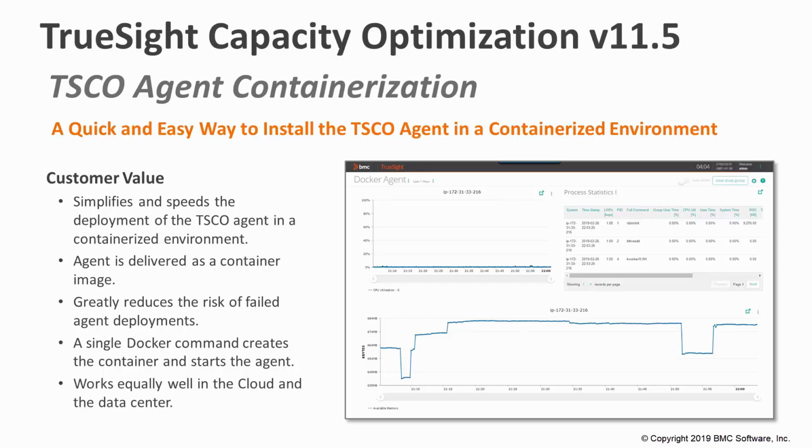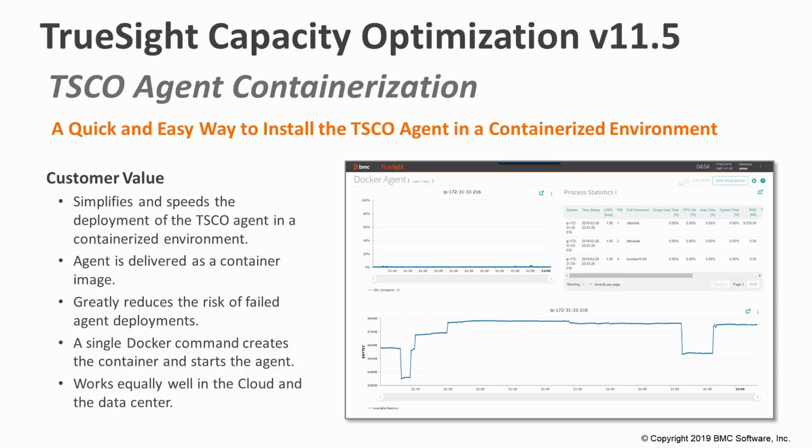Just installing it as a container really just takes a matter of minutes. It's delivered as a container image. One of the advantages is it reduces the risk of failed agent deployments. I have a customer right now who is rolling out thousands of agents, and especially on Windows, they've found that their Windows servers are not all configured uniformly, especially differences between the dev environment and production.